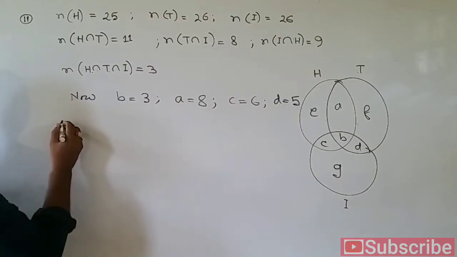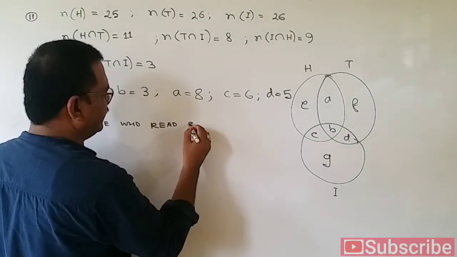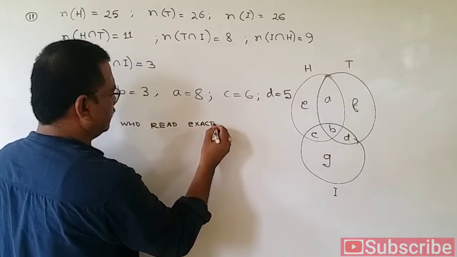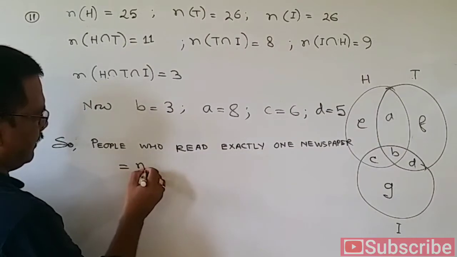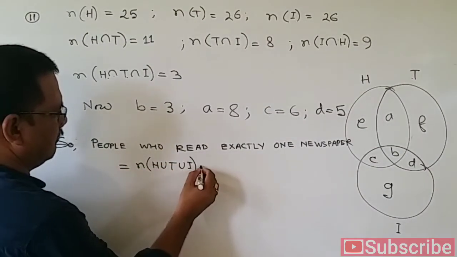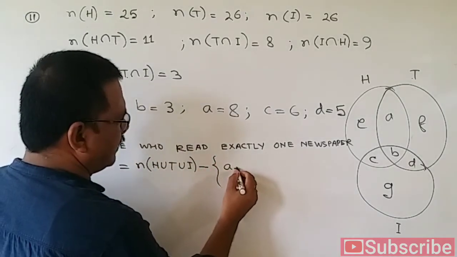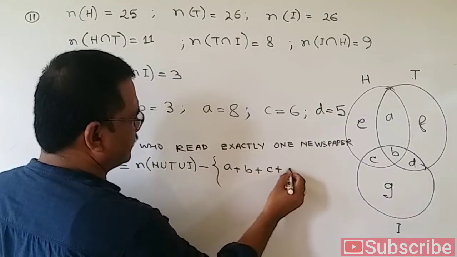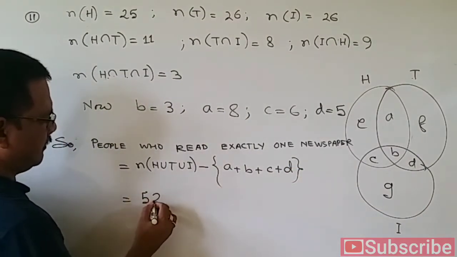Fine. Now we need the people who read exactly one newspaper, equal to n(H union T union I) minus (A plus B plus C plus D). This we have already got, 52.